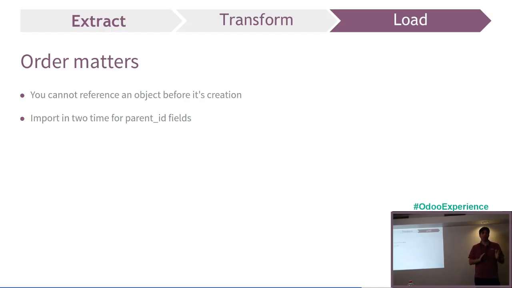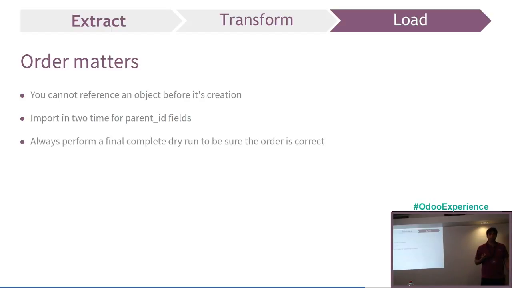You split in two files, one without the parent ID. You import that one first, and then the second file with the parent ID. Since you have XML ID, you will update the data and set up the parent ID, and it's going to be fine. And of course, always perform a final dry run on a fresh database to make sure your order is correct before the final migration into production.